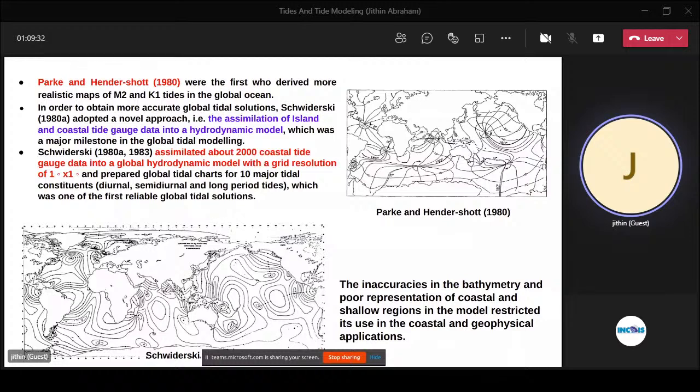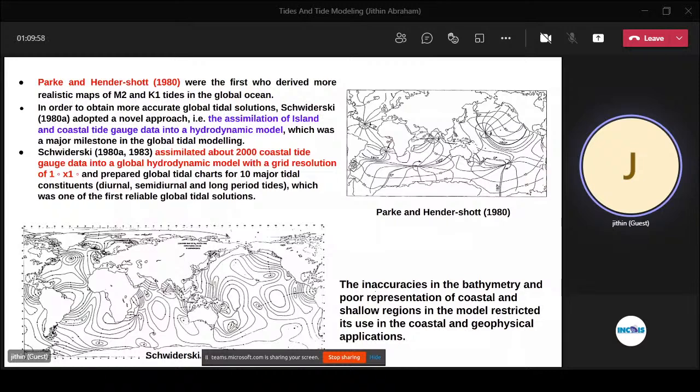However, inaccuracies in the bathymetry and poor representation of coastal and shallow regions in these models limited the use of the solutions in coastal and geophysical applications.